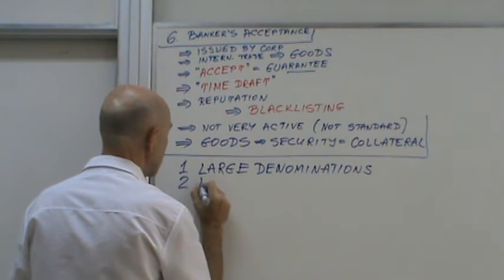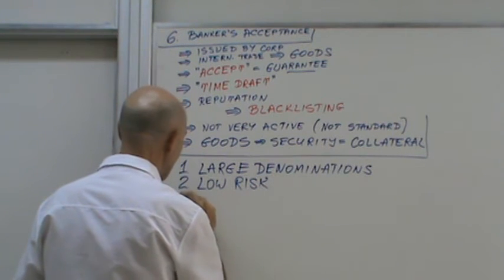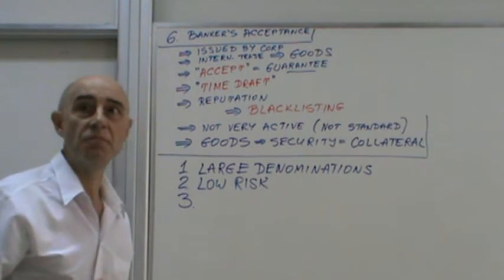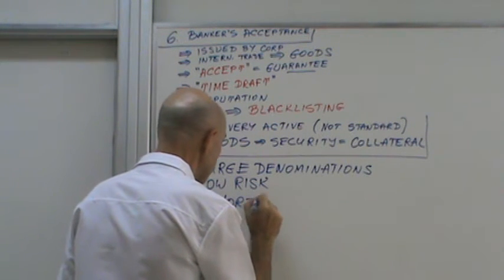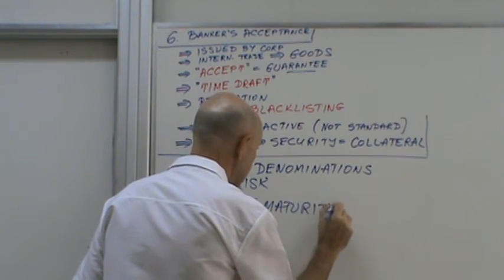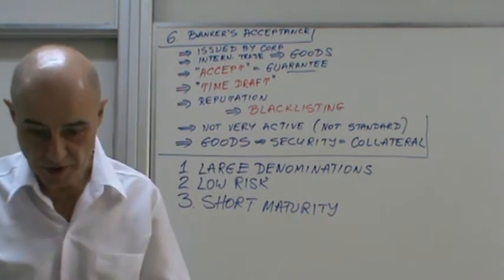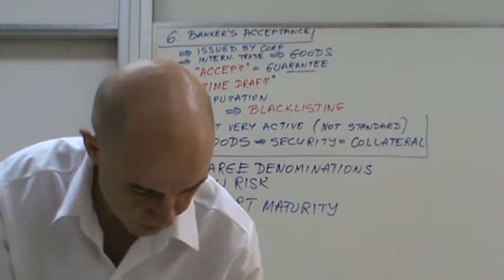Number two, low risk. And number three, short maturity. Okay, and let's see what else we have here.